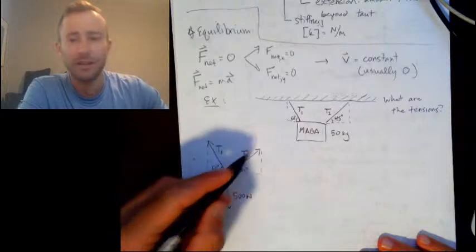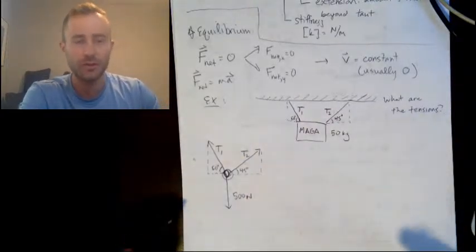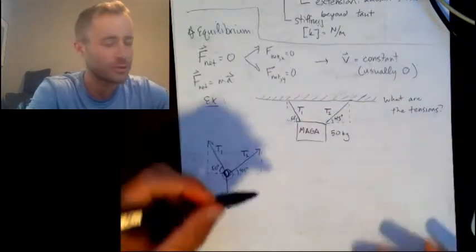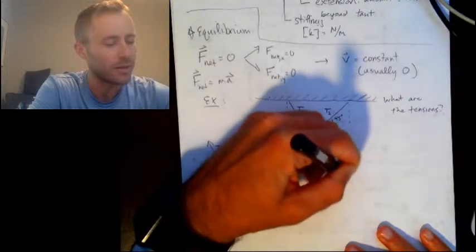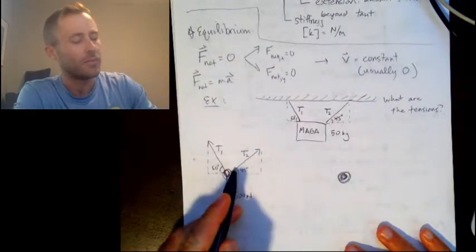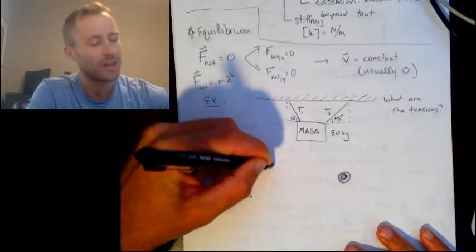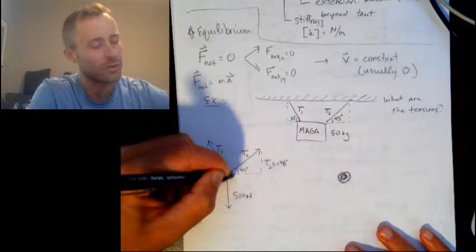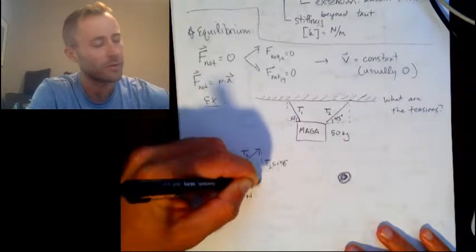Now, one of the things you want to do in physics is take any diagonal forces and break them into components, a vertical and a horizontal force. So I'm going to redraw my free body diagram. The vertical component of T2 is going to be T2 sine of 45 degrees. The horizontal component is going to be T2 cosine of 45 degrees.